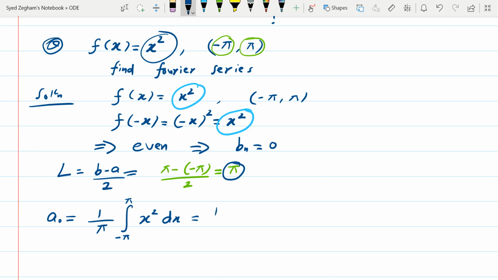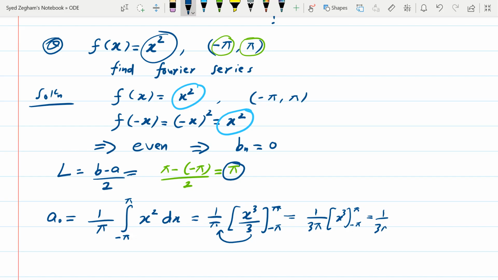This will give us 1 over pi times the integral of x power 2, which is x power 3 over 3, from minus pi to plus pi. The constant 3 you can shift outside the bracket, so this becomes 1 over 3 pi, and inside the bracket you have x power 3 from minus pi to pi.